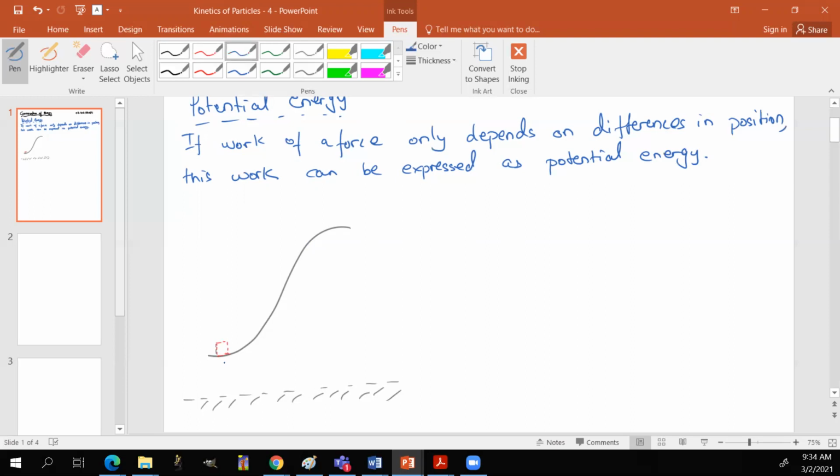So let's say at this position, from that reference point, you're at height y1. And this is happening all under gravity, right? So this is the work done due to gravity. And let's say that that is position 2. So that's going to be y2 like that.